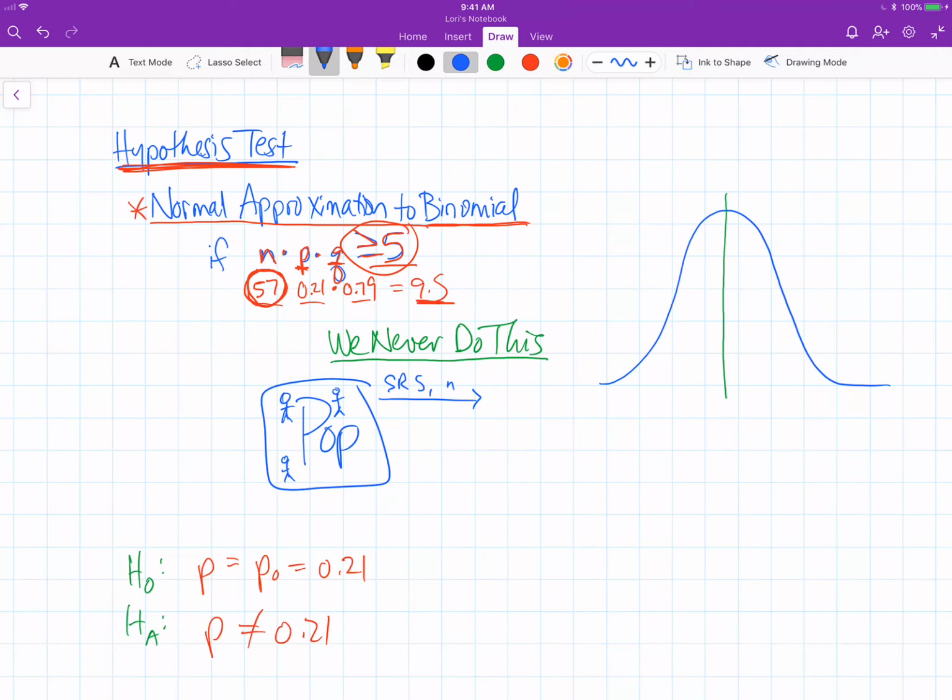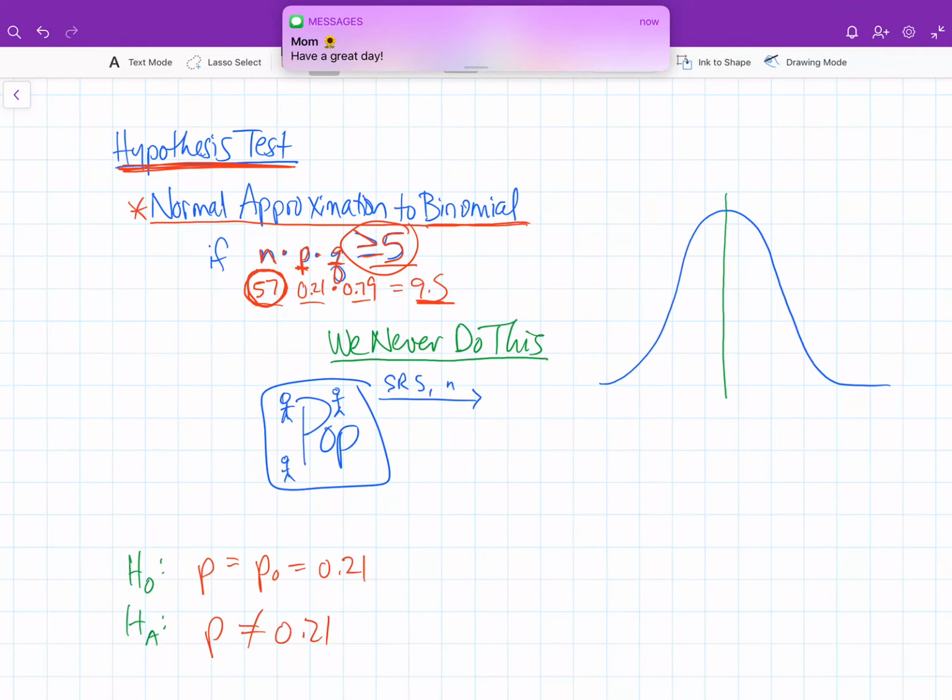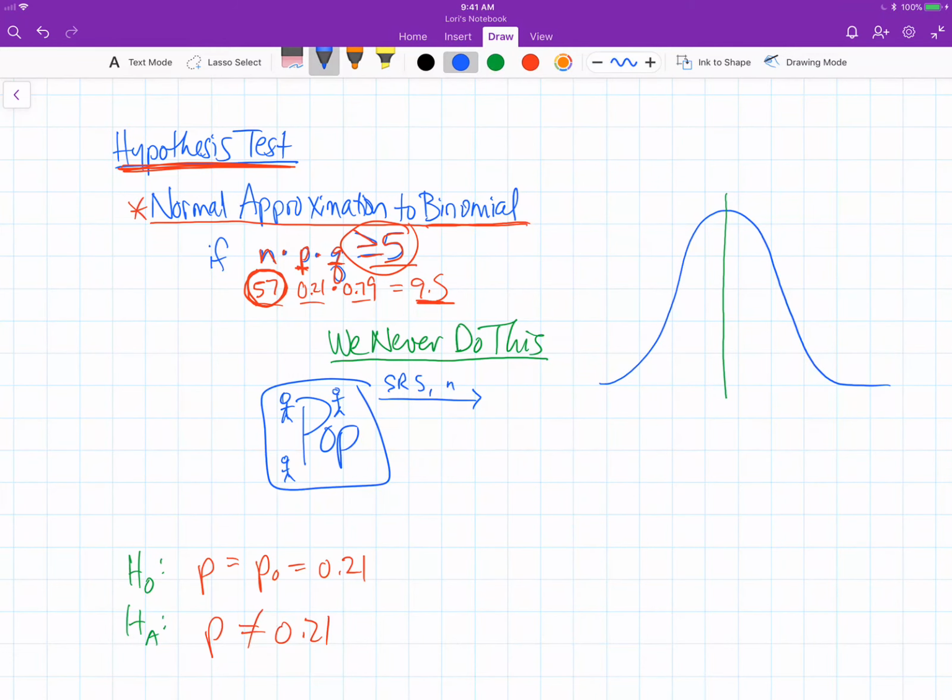The population itself does have a proportion. But this simple random sample may or may not have that same proportion. It may be a little bit higher or lower. So let's say here's the proportion. This particular sample, of size n, is going to have a p-hat.